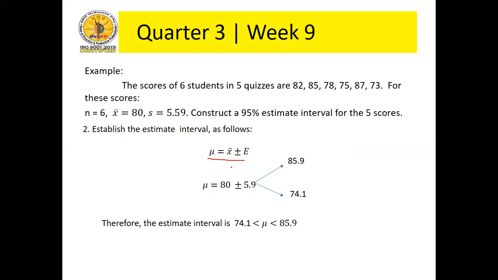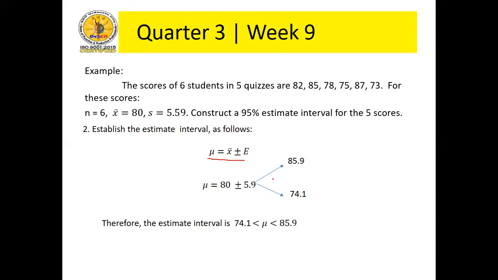Then your margin of error is 5.9. So if you're going to subtract 5.9 from 80, it will give you 74.1. If you're going to add, it will give you 85.9.